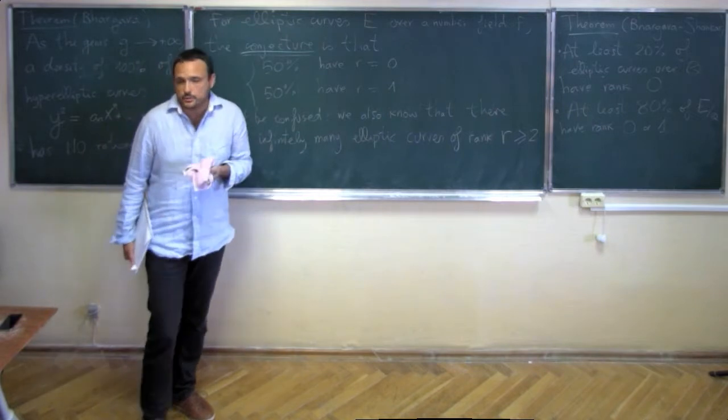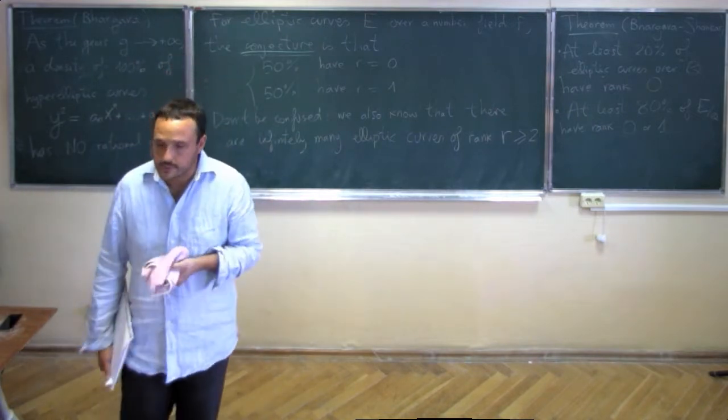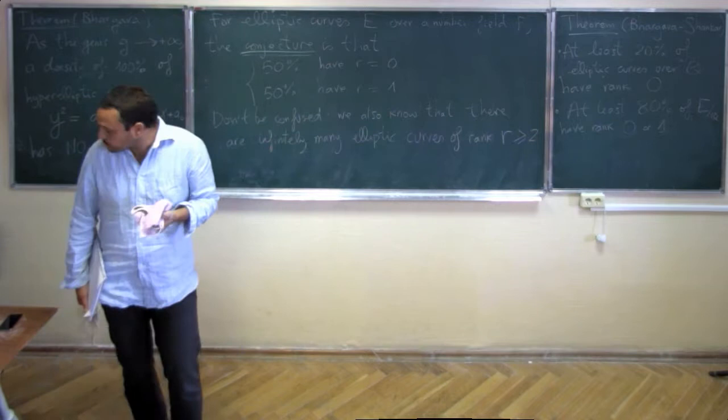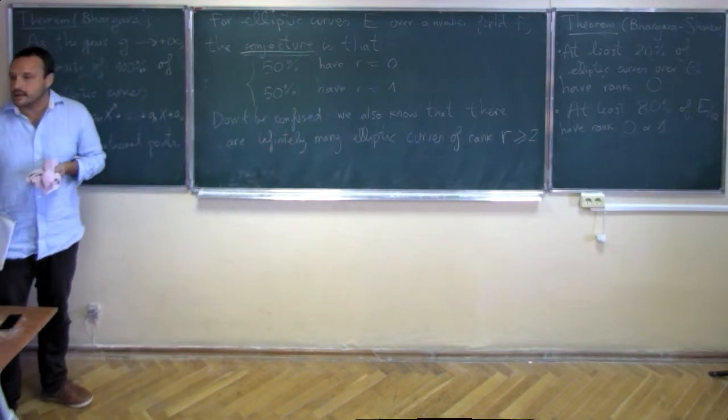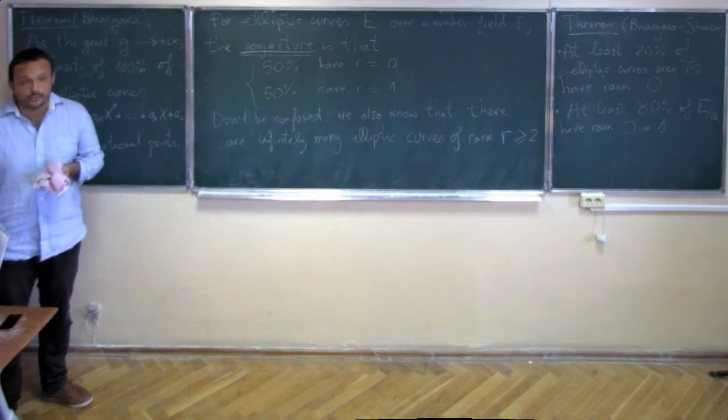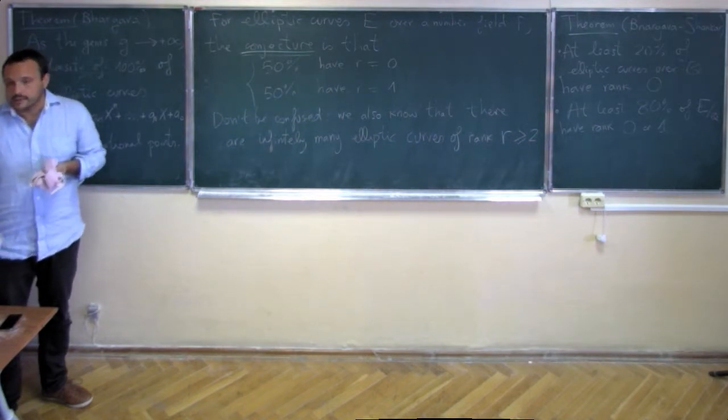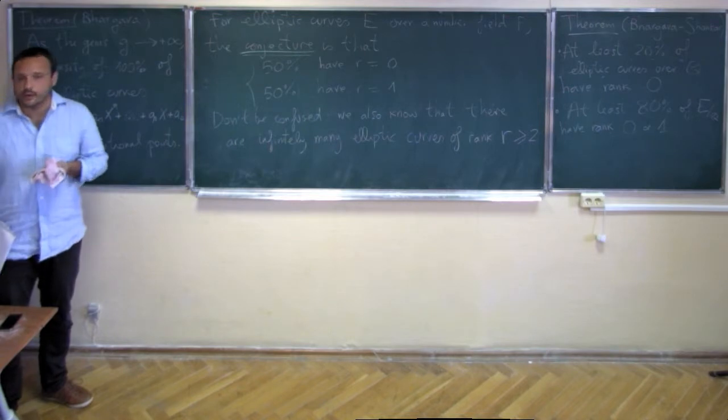There are examples of elliptic curves of rank 20 or 30, and we don't know whether there are elliptic curves of arbitrarily large rank over Q. This is also something that we don't know. We don't know if there are elliptic curves over Q having rank 1000.